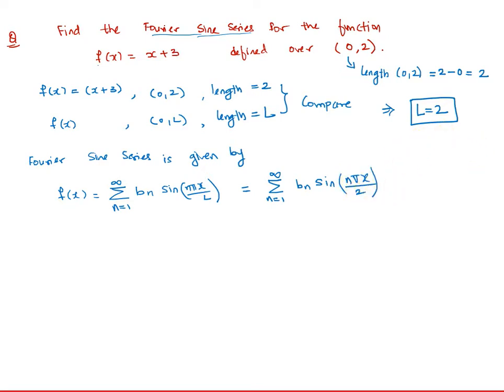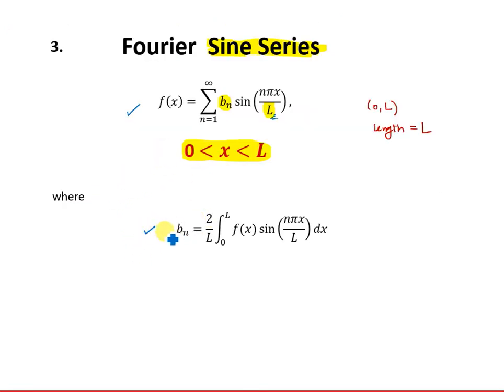L is 2. Here we cannot cancel, this is pi. We cannot cancel it. Let me just write it clearly. This is pi, n pi x over 2, we cannot simplify.